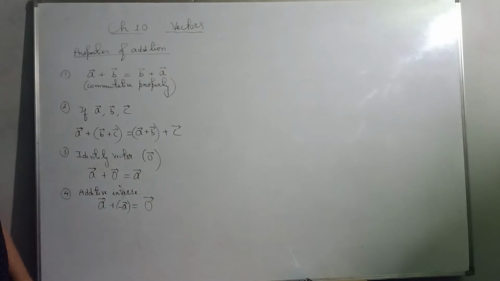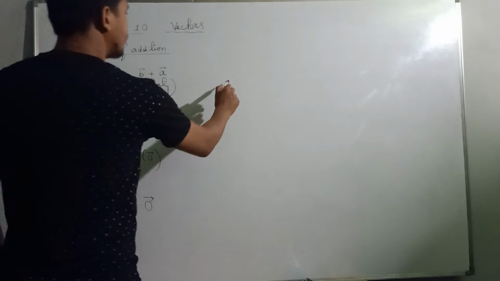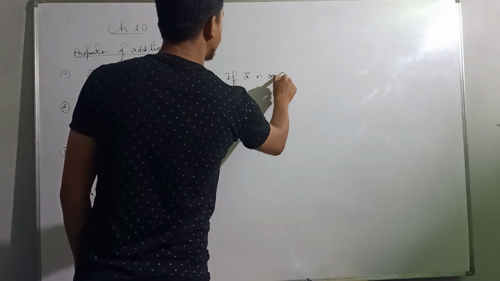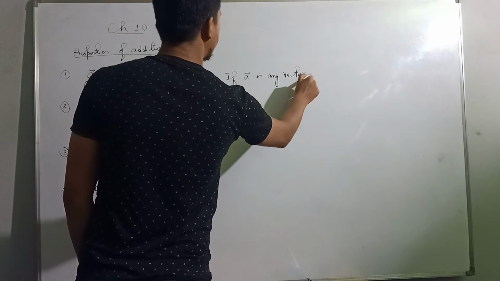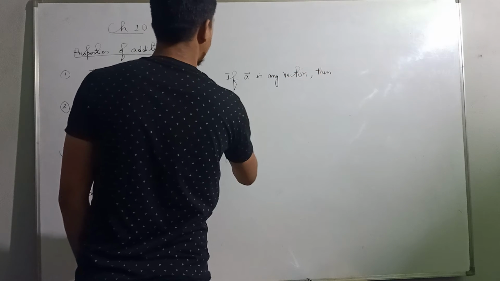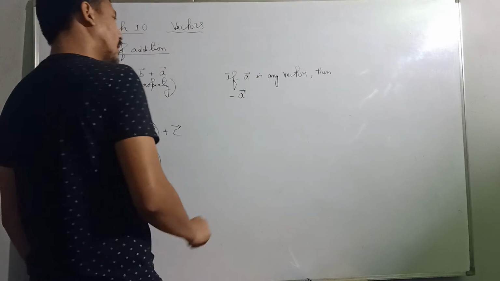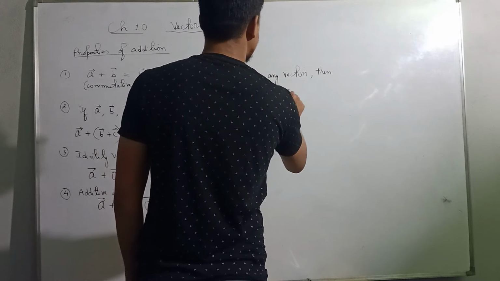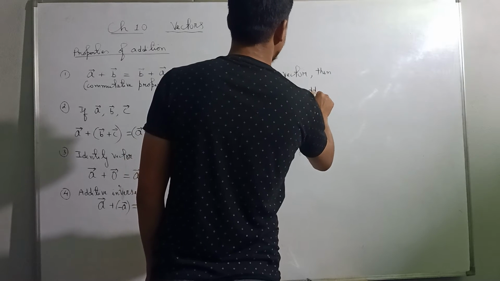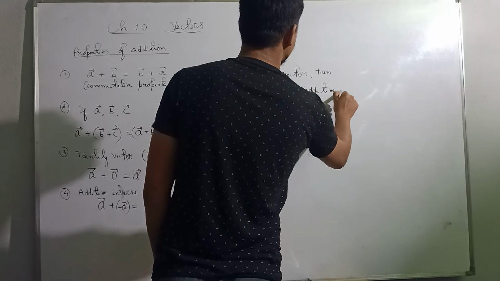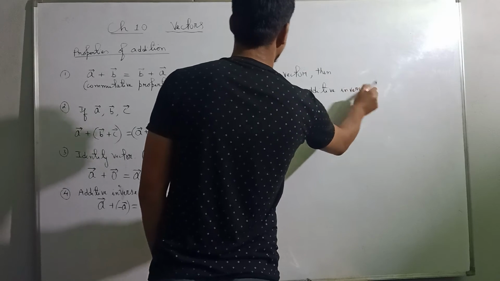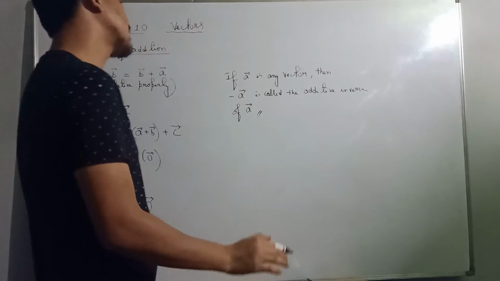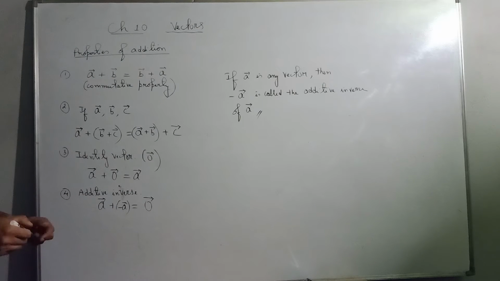It means the negative of a vector. So if A is any vector, then minus of vector A is called the additive inverse of the vector.